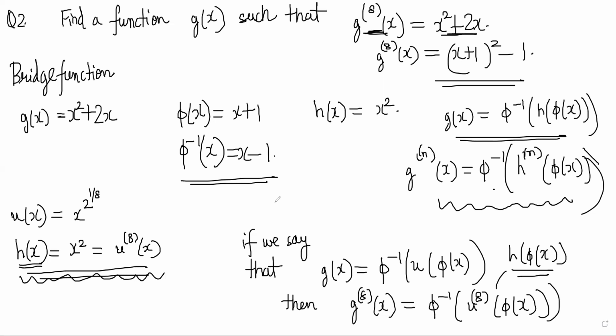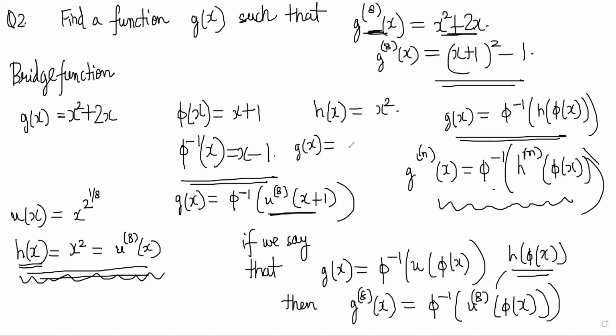So what we get now is our g of x is equal to phi inverse of u power 8 will become u of 8 of phi of x is x plus 1, and u of 8 of x plus 1 will basically start looking like x plus 1 to the power 2 power 1 by 8, right?